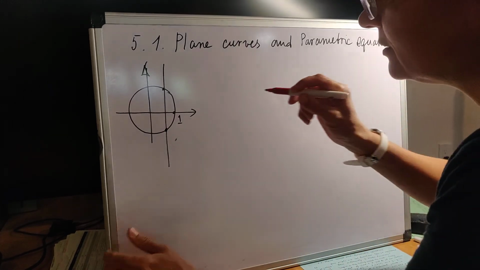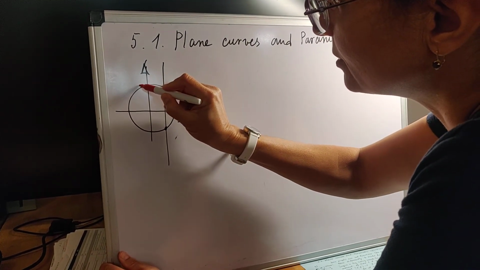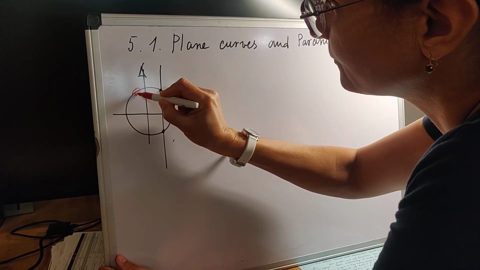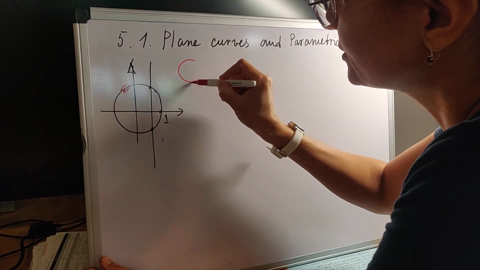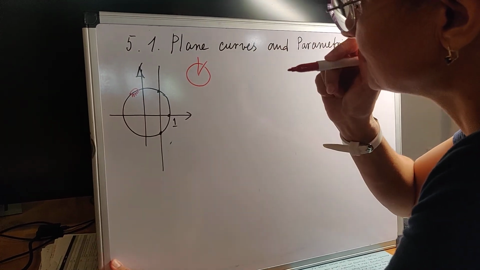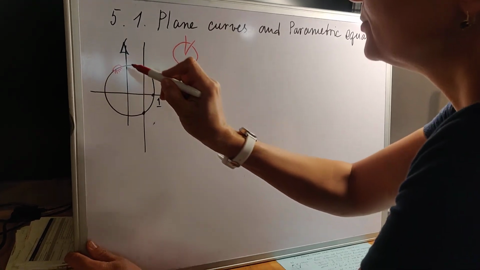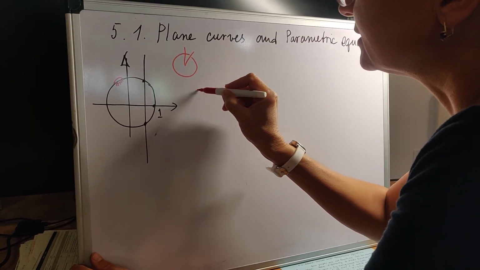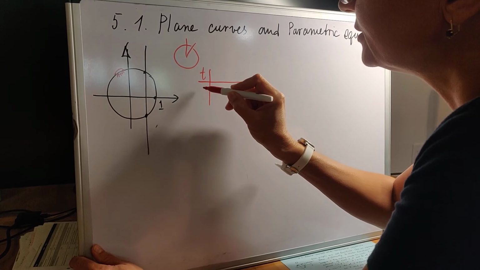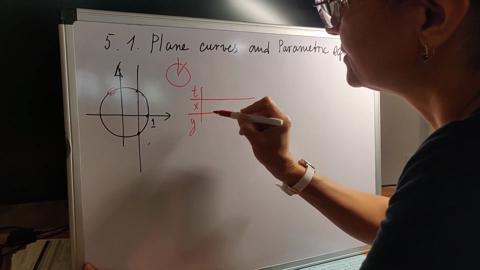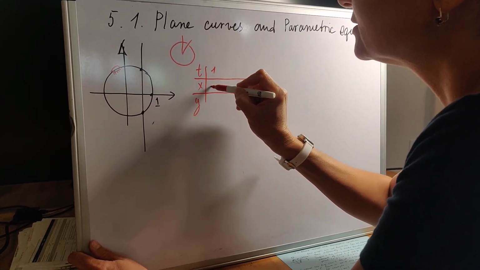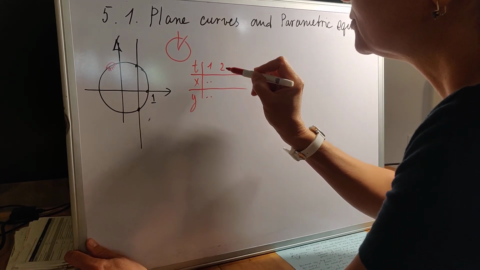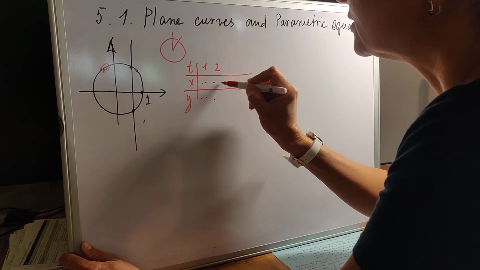Imagine that you have a little ladybug moving around this circle. And you have a timer over here, a stopwatch, and you can record the position of the ladybug versus time, something like this. You put time over here, x position, y position: time equals 1, x equals something, y equals something; time equals 2, something, something.